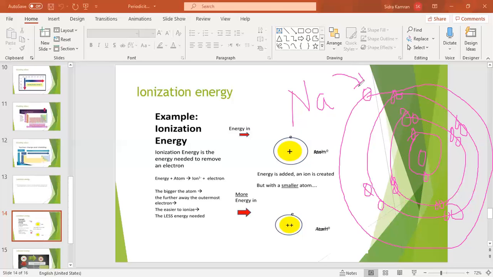That's why this electron's removal needs less amount of energy as compared to sodium. So ionization energy is basically the energy that is required by an atom to remove its electron and to make itself an ion.